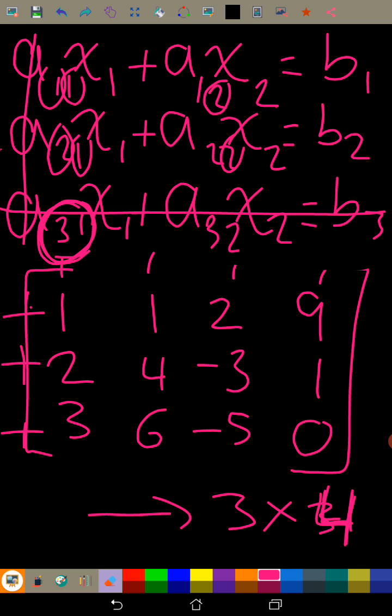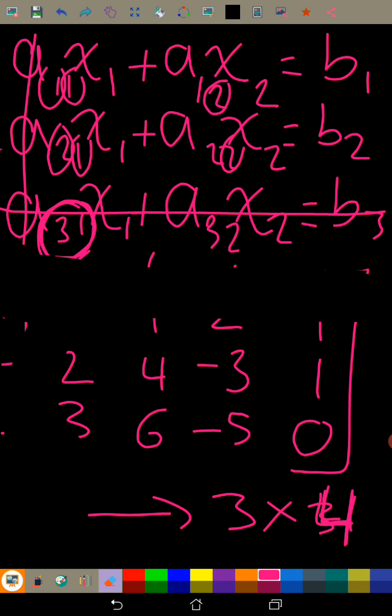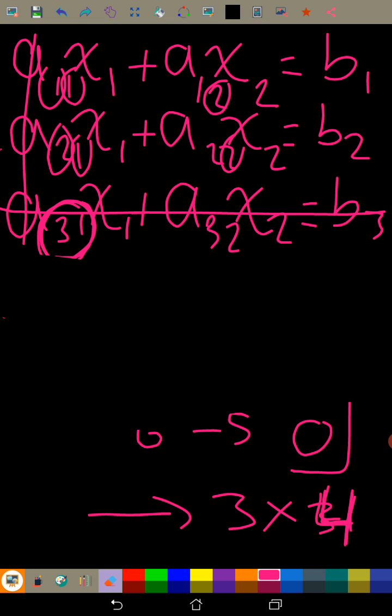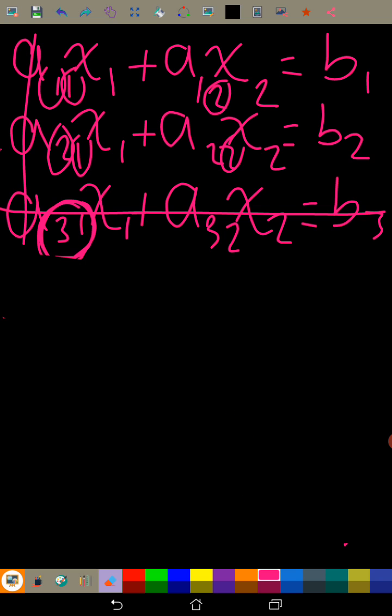So this way of representing the coefficients is very important. And I'm going to erase here. So that was our first example. And so we have a_ij.